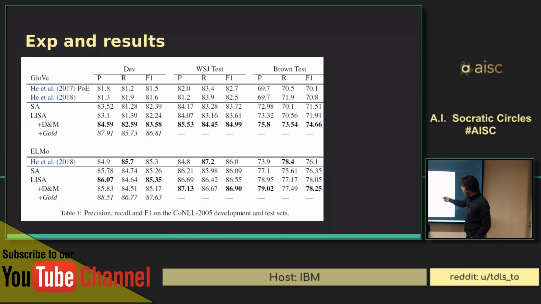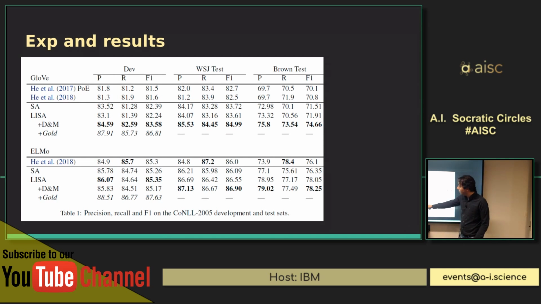And this is with Elmo. You can see that their architecture still outperforms every other architecture. Sometimes adding this syntactic parse from DNM helps and achieves the highest performance. Sometimes it doesn't.